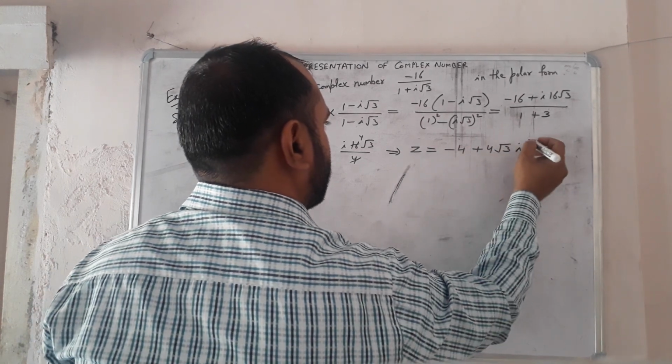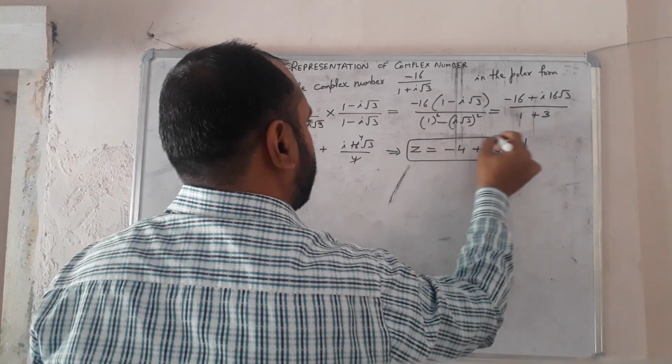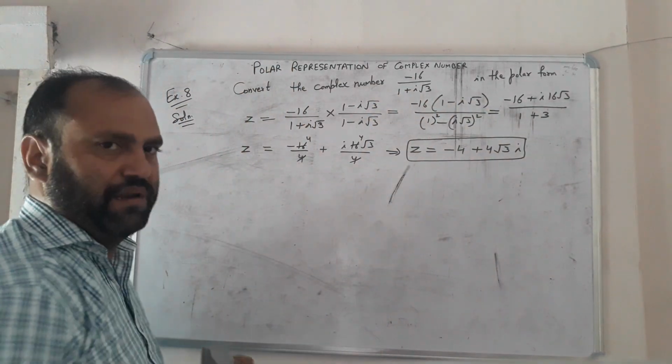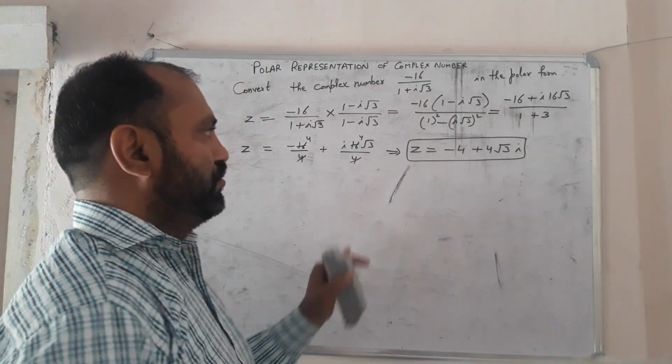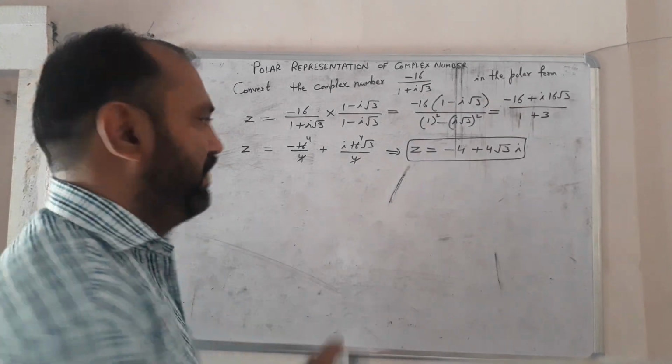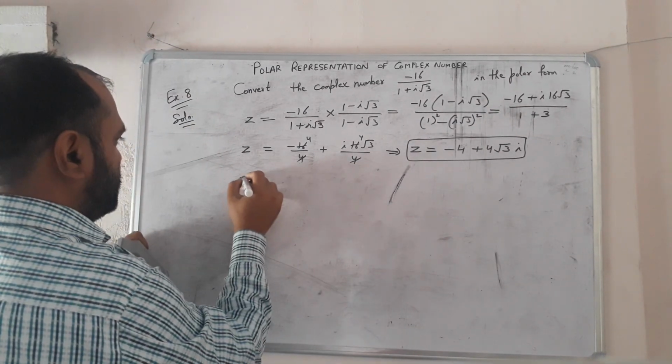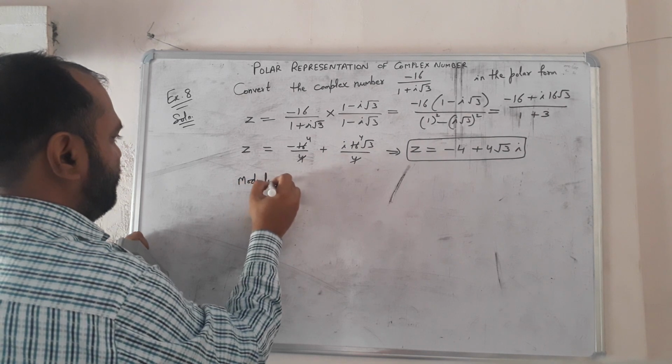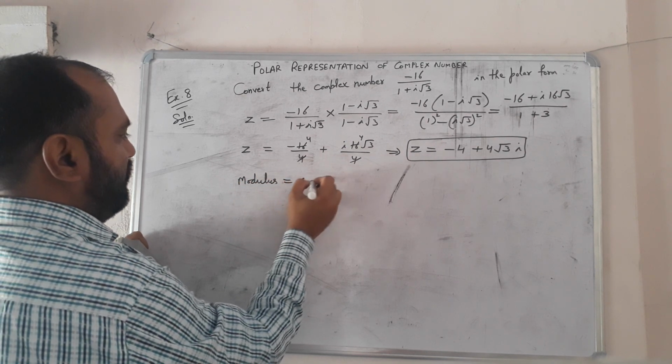So this is the complex number now. Firstly we simplify it. Now to write this in polar form, we have to firstly find the modulus. Modulus means the value of r.